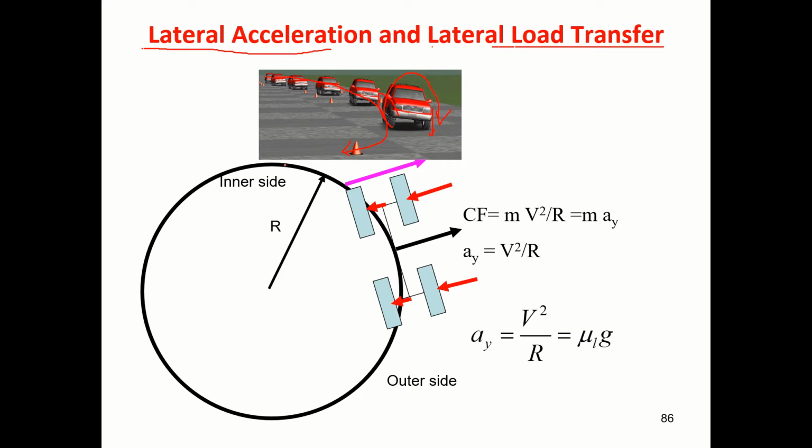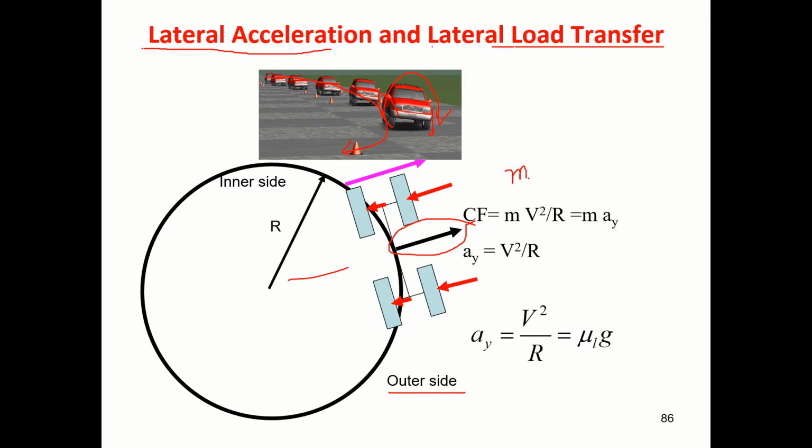Okay, so this is a circle. A vehicle is taking a turn. This we call the inner side and this we call the outer side. Whenever a vehicle takes a turn like this, a centrifugal force comes into picture.